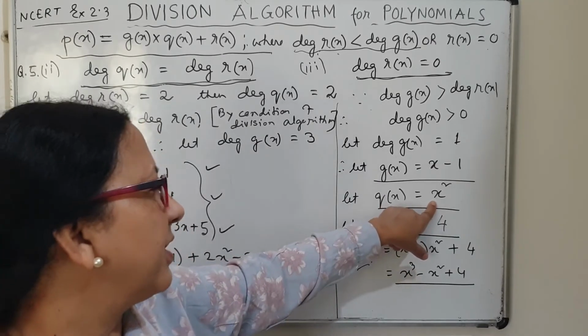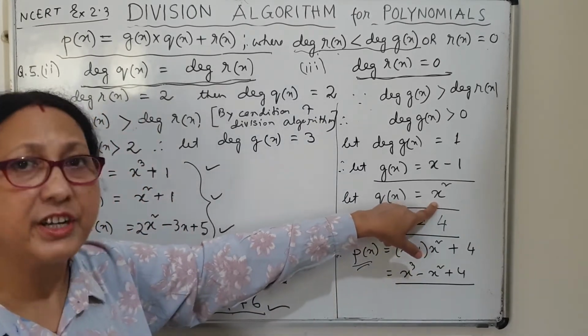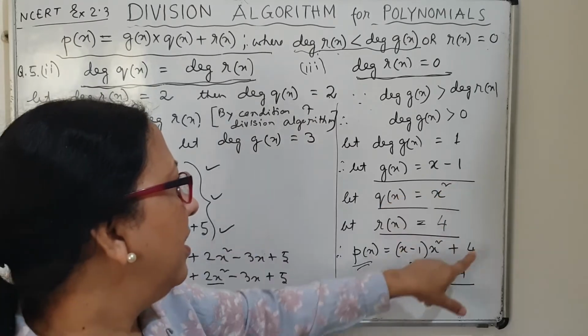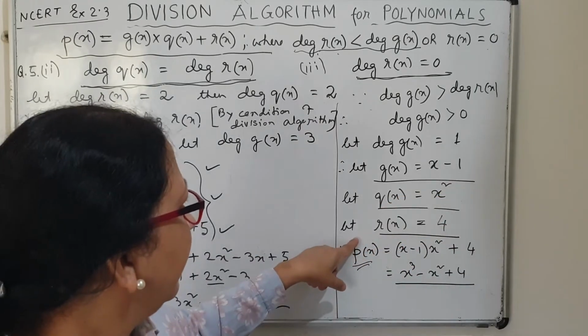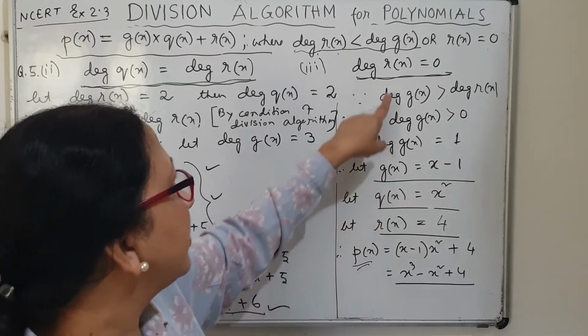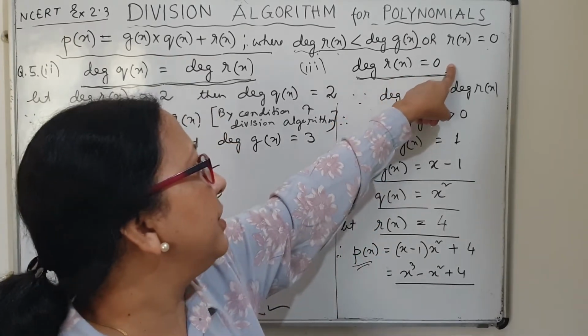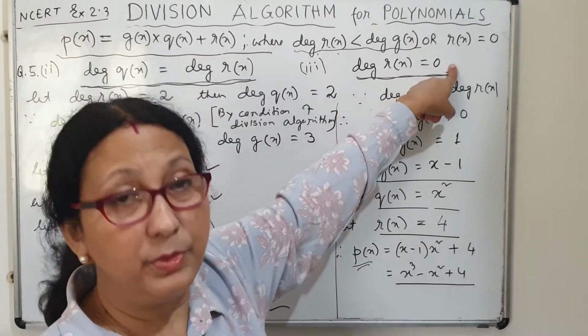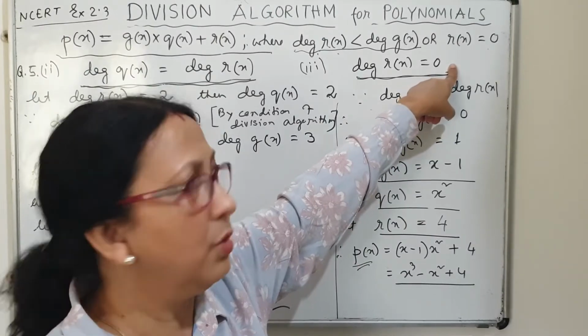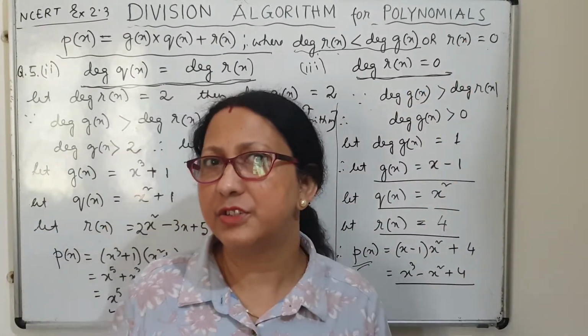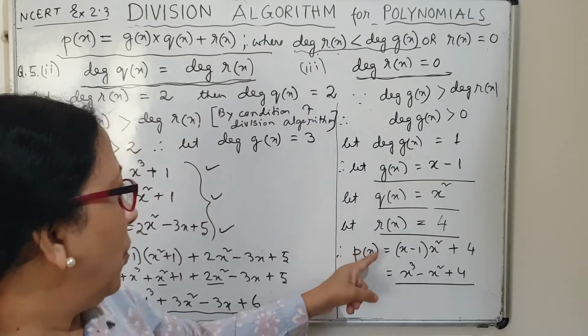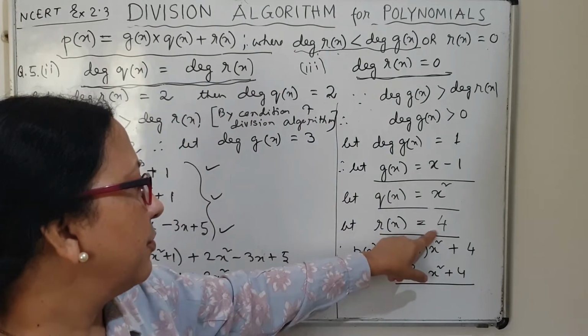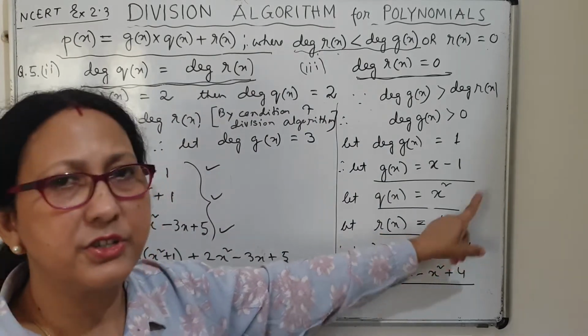So I have taken a very simple quadratic monomial, x square. Then degree of r(x) was given to be 0. When the degree of a polynomial is 0, it means it is a constant. You know, the degree of a constant polynomial is 0. So I am taking some constant, 4. Here also you can take any constant.